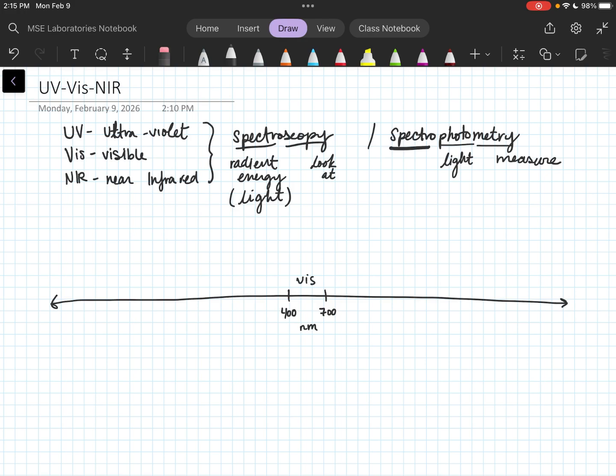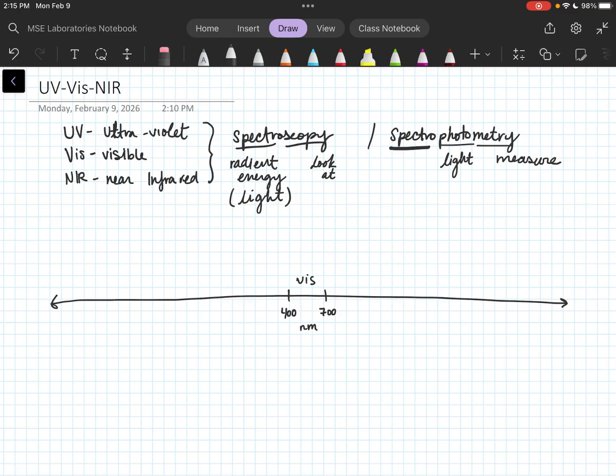We can't pick up anything bigger than that. We cannot pick up anything smaller than that. Our eye detectors are tuned 400 to 700.